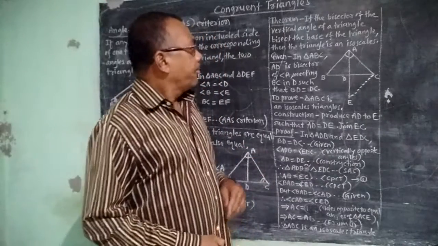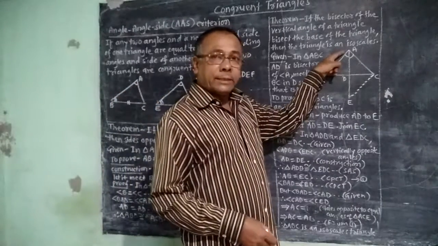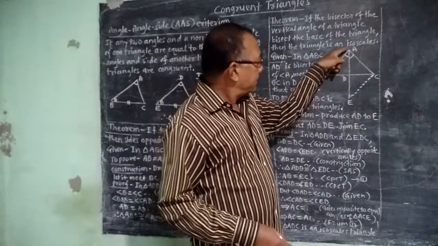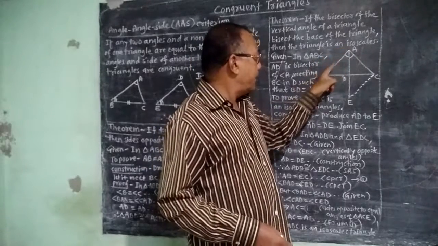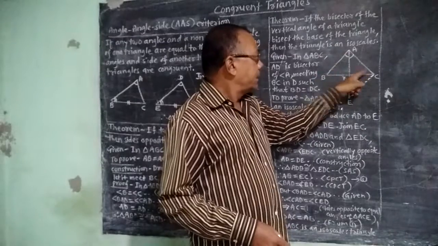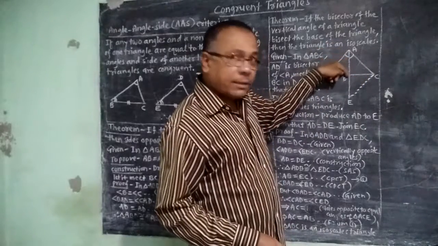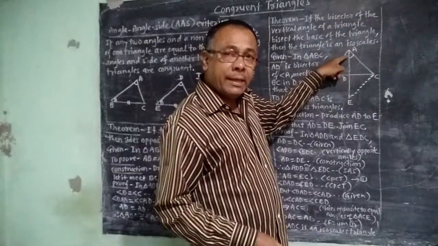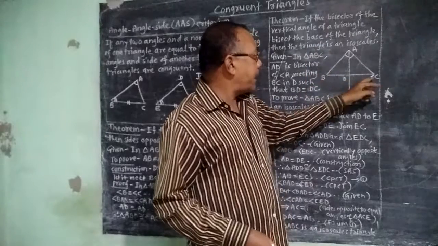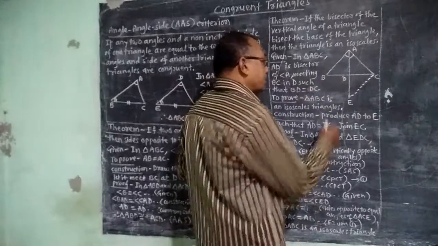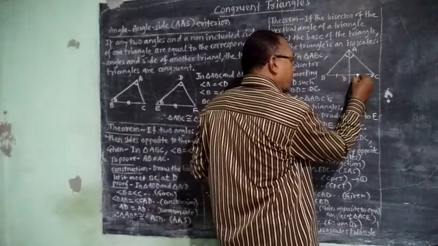So here we have drawn the bisector of angle A, that is BAC. Here AD is the bisector of angle A, which bisects the side BC, meaning BD equal to DC.